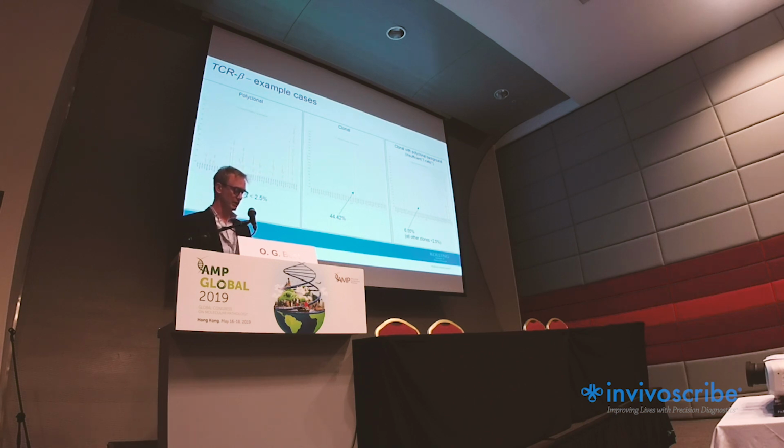So you can see a sort of a polyclonal picture on the left where all clones were less than 2.5%. A clonal sequence in the middle where the dominant clone was identified in 44% of the reads, and on the right, this we sort of described as a clonal sequence because it had greater than the 2.5%, but it was in a polyclonal background.